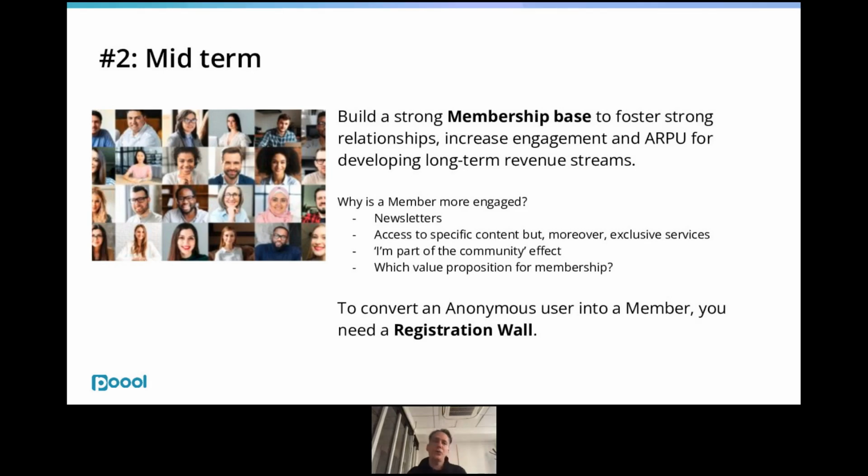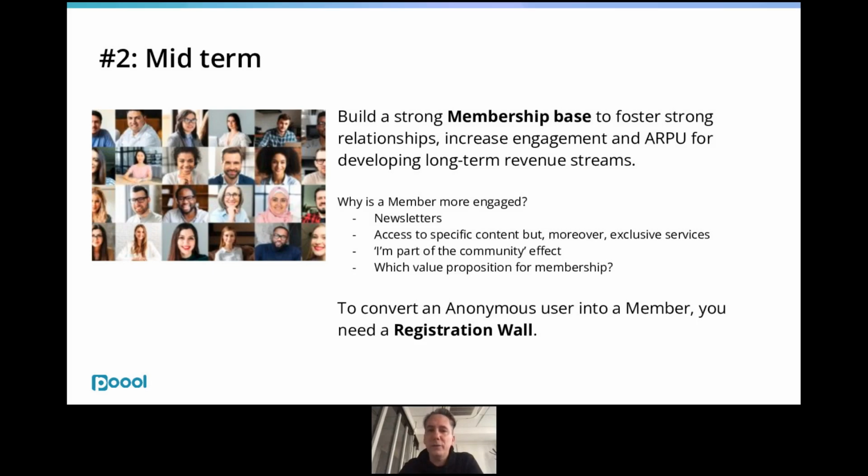Medium term, so short term, boosting cookie consent rates, coupling CMP and cookie wall with alternative efforts. Mid-term, digital publications need to think seriously about focusing on a membership strategy and growing the membership base. Membership, as we discussed, is great for so many reasons. It drives more engagement.